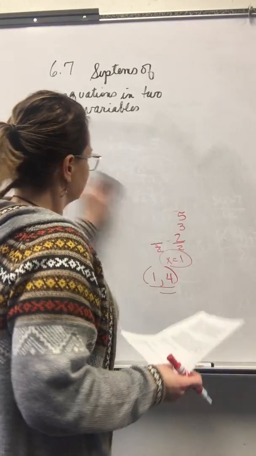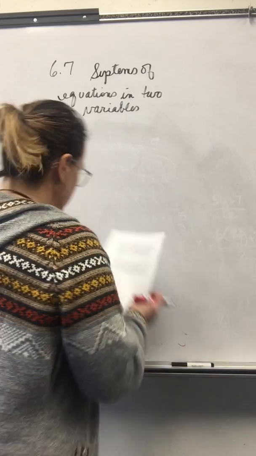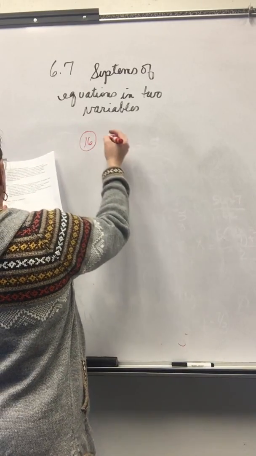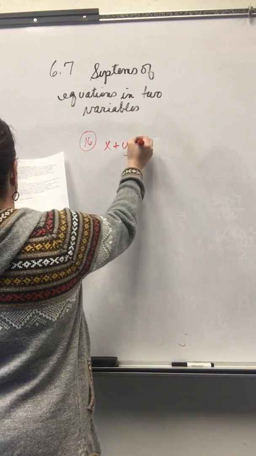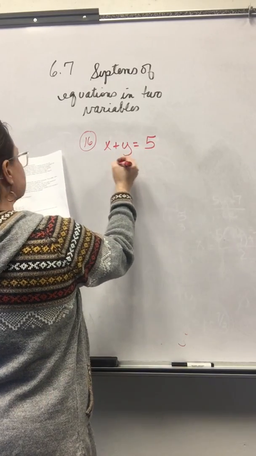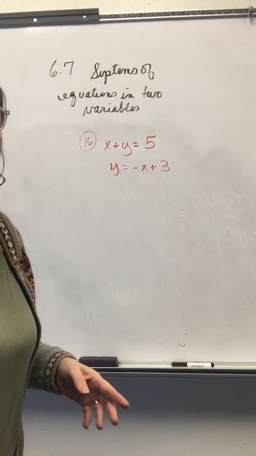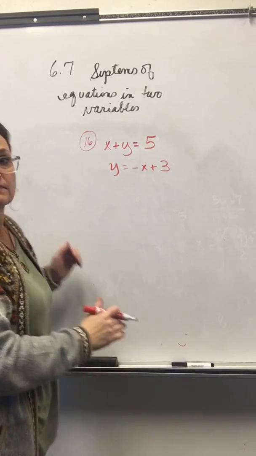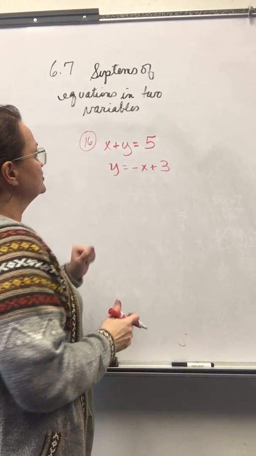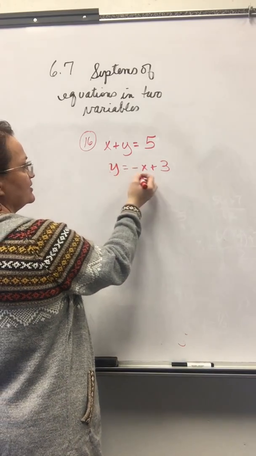Nice solution. All right. What does it look like when we have a special case, though, in the substitution method? And we're going to see that here on 16. So 16 is also set up for use with the substitution method automatically. Y equals this.